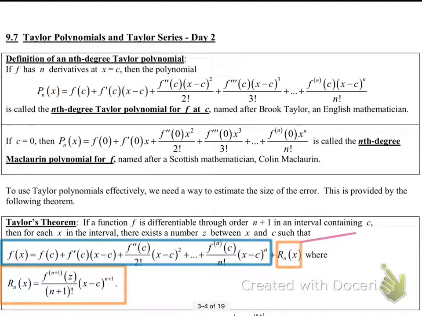That remainder is defined using some value z between x and c, and this is the next term. I feel like that wasn't very well explained, but I will try to go into it later. Sorry, guys.